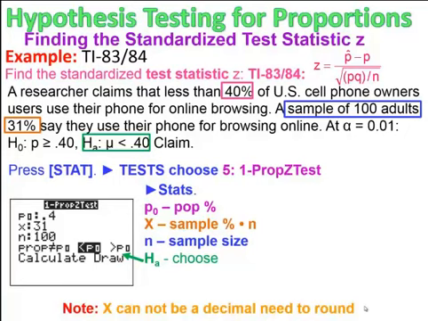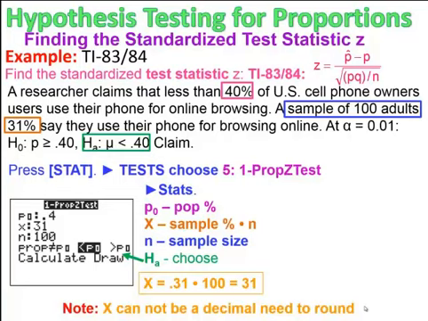To find your X value, you're going to take the sample percentage and multiply it by the sample size. In this case, it's 0.31 times 100, which gives us our X value. Our X value is 31, because you always need the success value.